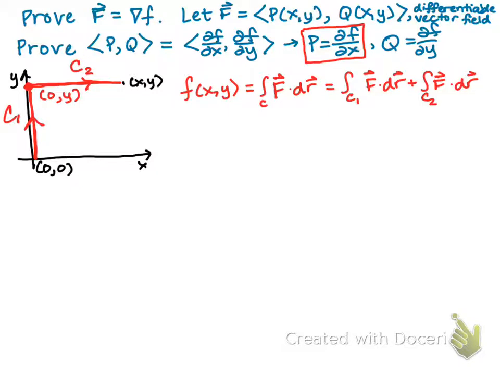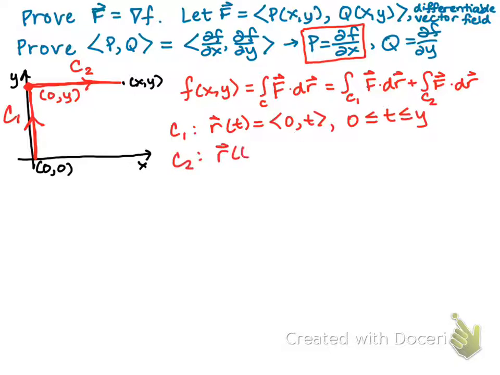Okay, so let's look at our parameterizations. For C1, r of t is (0, t), and t goes from 0 to y. And then for C2, r of t is (t, y), and t is going from 0 to x.